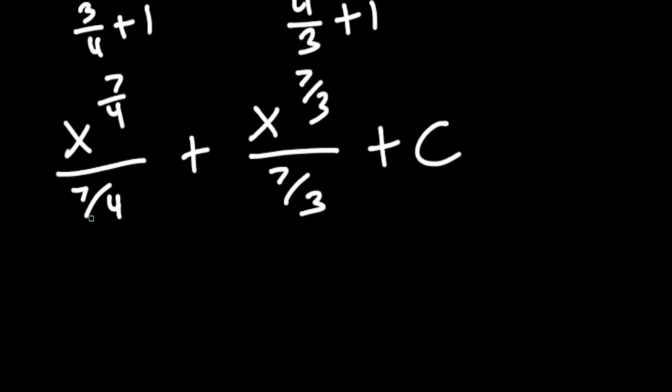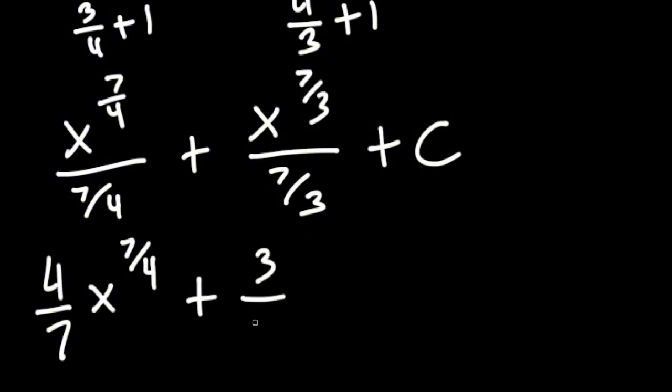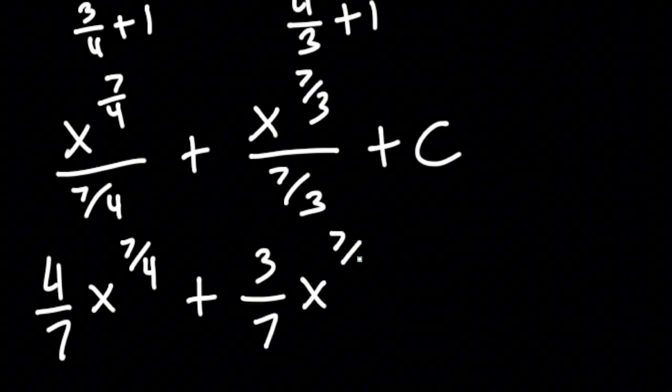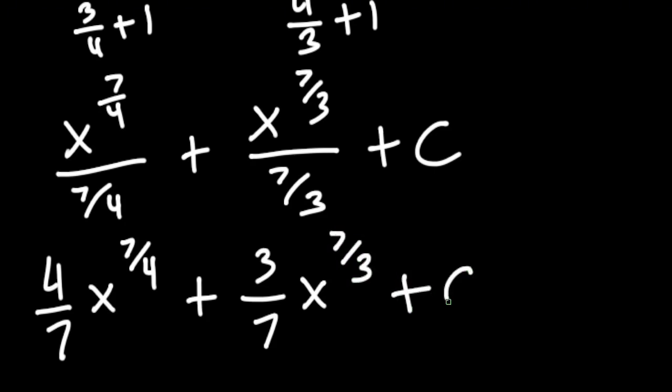And for this part, we simply need to take the reciprocal and multiply it by the x. The reciprocal of 7 fourths is 4 sevenths, times x raised to 7 fourths, plus the reciprocal of this, which is 3 sevenths, x raised to 7 thirds, plus c.